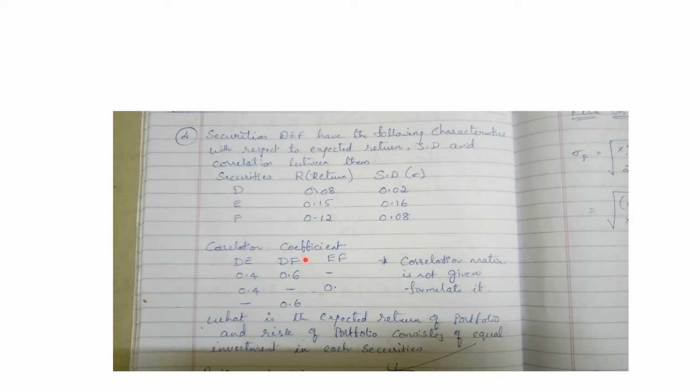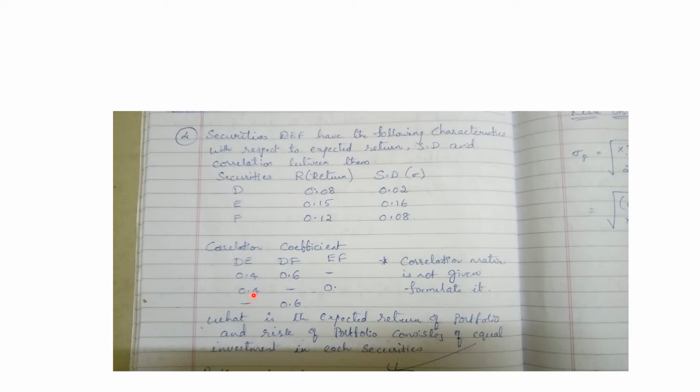So correlation coefficient is given, that is the relationship between various securities like DE, DF and EF. The values are given here, that is 0.4, 0.6 and dash, that is nothing is specified, means it is equal to 1. So diagonally if you see, then the relationship between the securities will be 1.